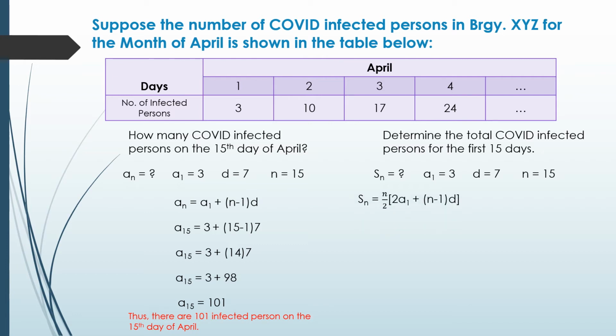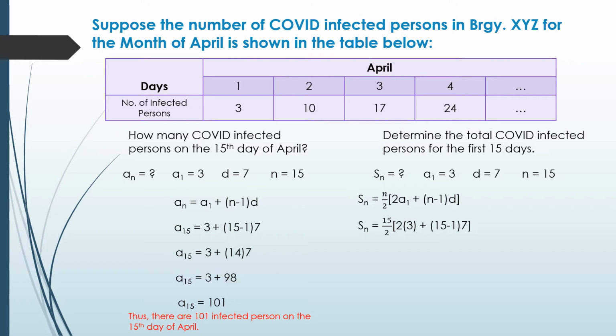Using the formula, S sub n is equal to n over 2 times 2a sub 1 plus the product of d times n minus 1. Substituting all the necessary information, where n is equal to 15, a is equal to 3, and d is equal to 7.